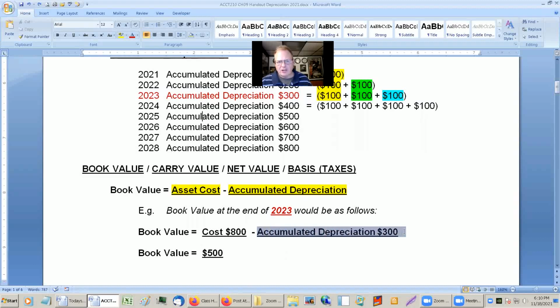The accumulated depreciation was 300. So the book value or net value would be 500. And you kind of know that. If you've had it for 3 years and it's $100 a year, you could take off $100 every year, right? So the book value of this would be $500 because you've depreciated 300 of it.